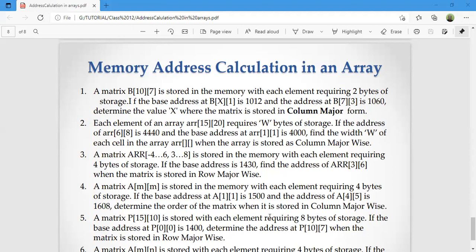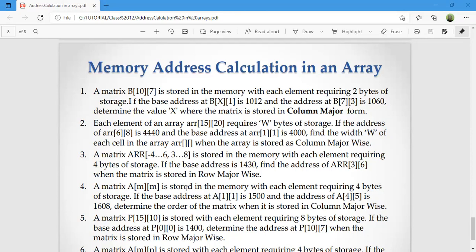Okay, and the arrangement is column major wise. Right? So your base address B is given, the LR and LC is given 1, 1, I and J is given 4 and 5. The base address is given, that is 1500, and the address of 4, 5 is also given, that is your LHS 1608 is given. What you need to find out is the size of the matrix. Your W is also given 4.